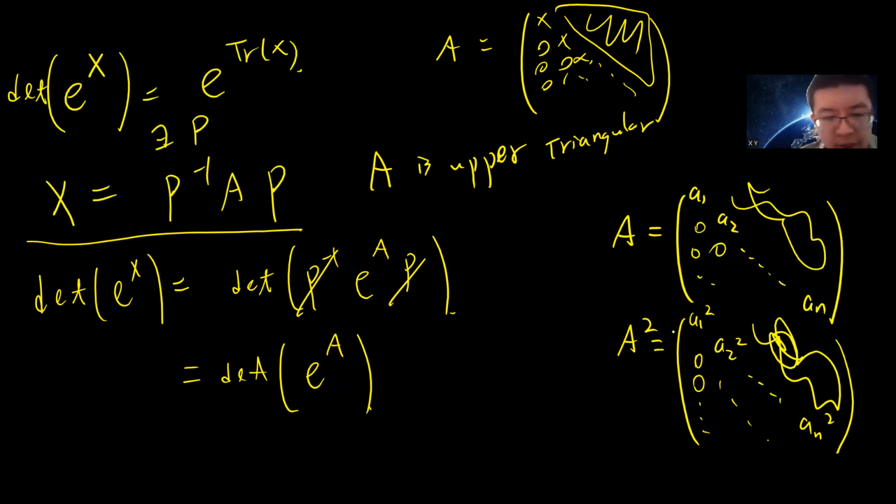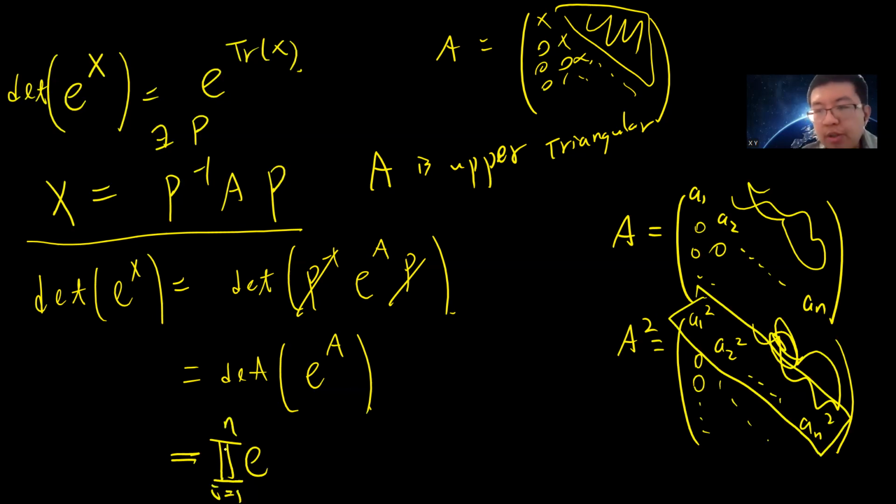If you take the determinant of an upper triangular matrix, it will just be the product of the diagonal entries. So it's the product, for i from 1 to n, of the exponential of the diagonal entries. Let's call the matrix elements lambda i. Basically, this is the exponential of the sum of lambda i from 1 to n, which by definition is the exponential of the trace of the matrix A.